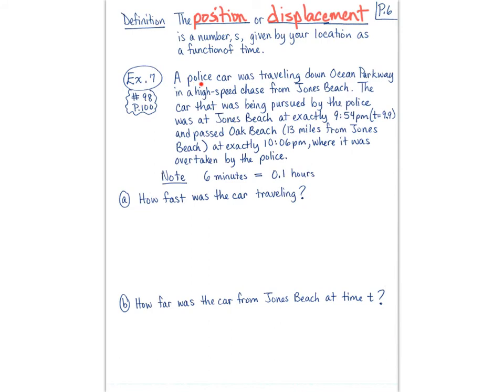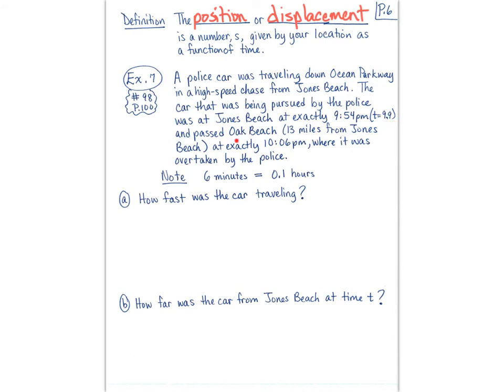A police car was traveling down Ocean Parkway in a high-speed chase from Jones Beach. The car that was being pursued by the police was at Jones Beach at exactly 9:54 p.m., which means its T equals 9.9.